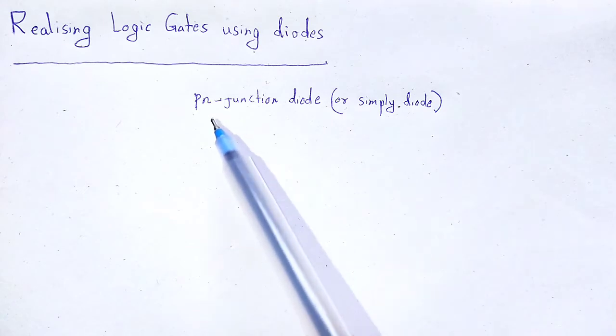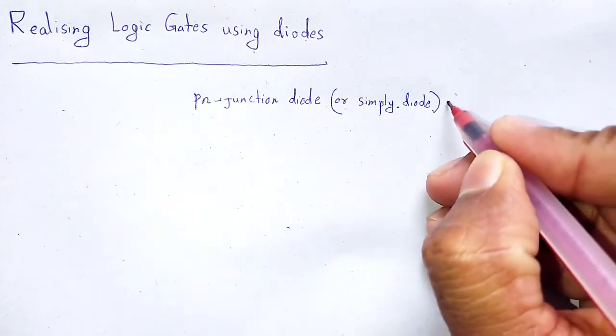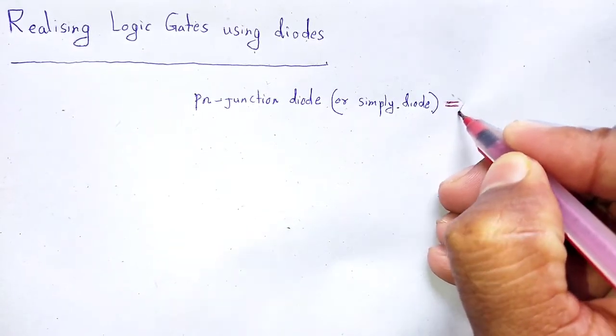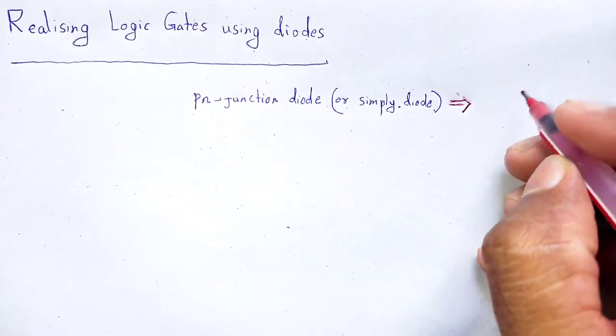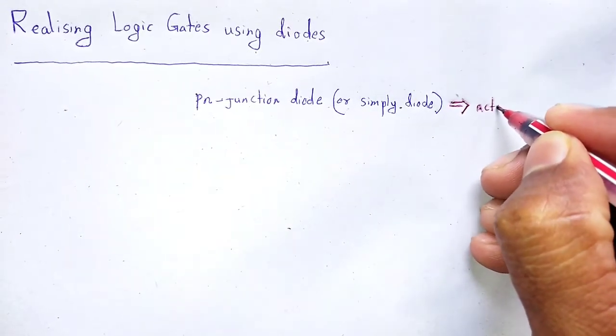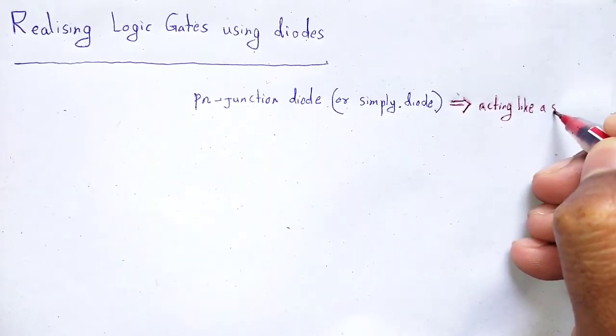In electronics, the PN junction diode acts like a switch.